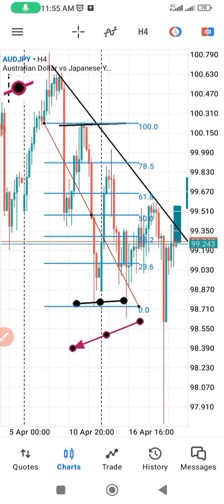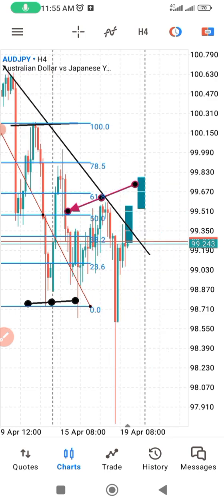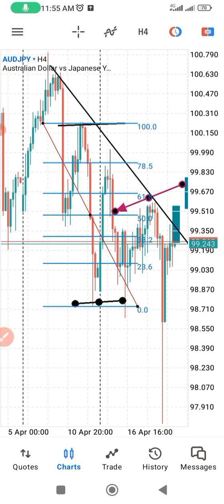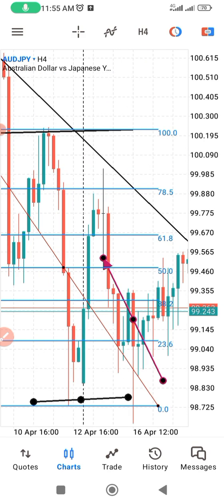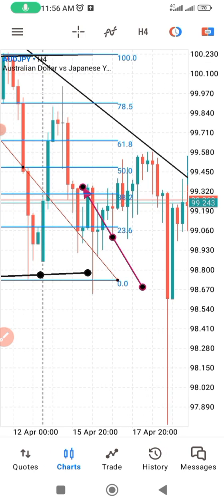So afterwards, we see our price movement. And what's our price movement? We now saw how price came back, pulled back from here, and reached the level of 78.6 of our Fibonacci level. And from this zone, it gave us an evening star pattern. And then it reverses from there afterwards to the downside.